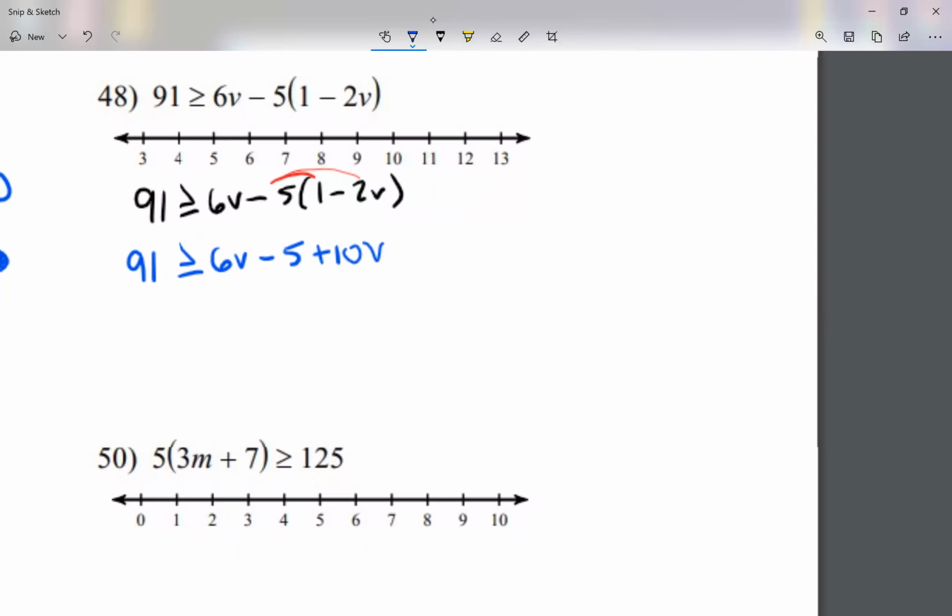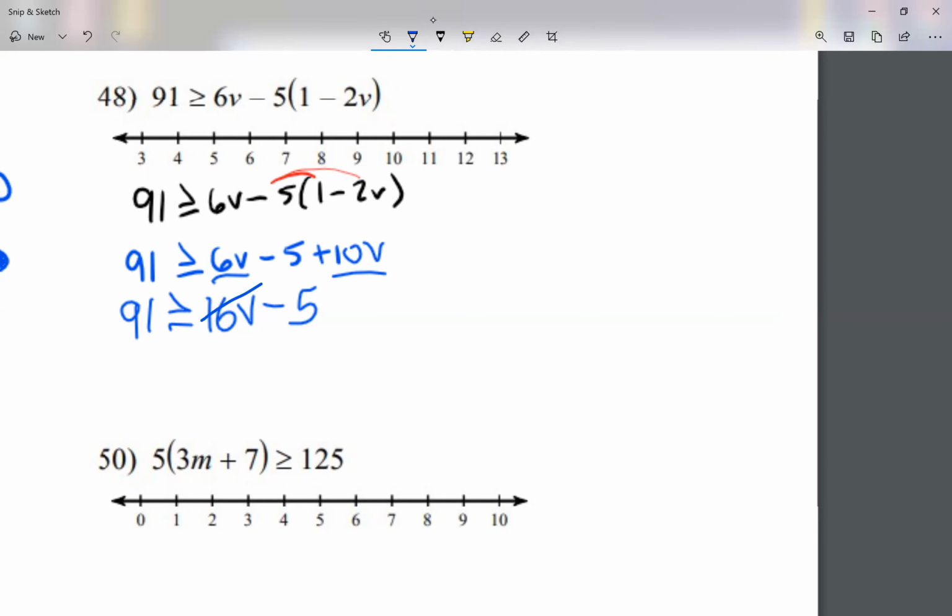Now let me combine my like terms. I see on the right side, I can combine those letters. So I have 91 is greater or equal to 16v minus 5. Notice I combined my v's, right? 6 plus 10 is equal to 16. Okay, I want letters on the left side and everything that doesn't have a letter on the right side.